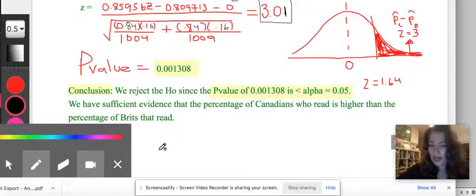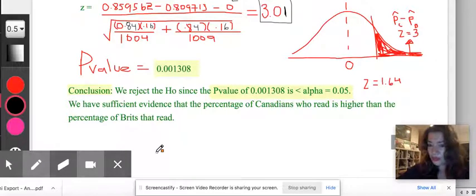So our conclusion now is basically the same as what we would write for any hypothesis test we have done so far. We first mention the null: we either reject or fail to reject. Since our p-value is smaller than our alpha, our significance level, we reject the null.